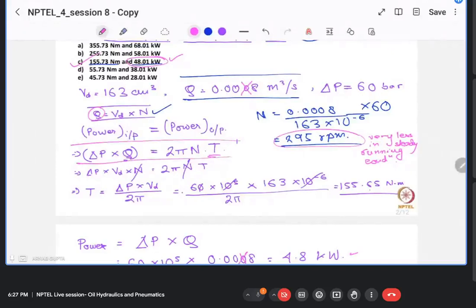Torque is dependent on the pressure across which the motor is operating. And VD is anyway constant because that is the design characteristic of the motor. So T will not change. It is independent of Q.